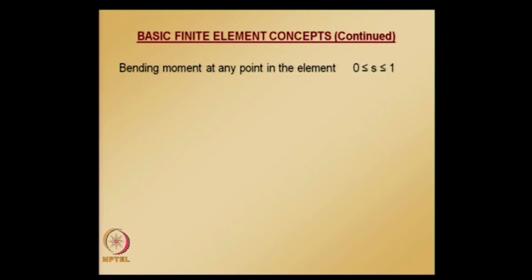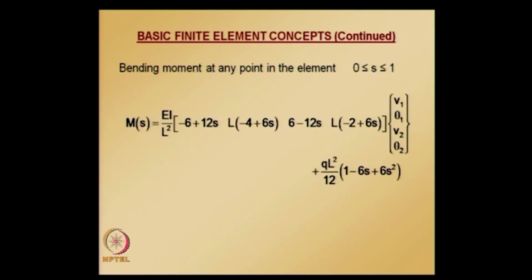And bending moment at any point, once we get the nodal values, as usual we can calculate the bending moment at any point along the beam length, and to that we add the fixed end solution. Please note that here this fixed end solution corresponds to uniformly distributed load, and if you have some other load, then we need to add the fixed end solution corresponding to that particular load.